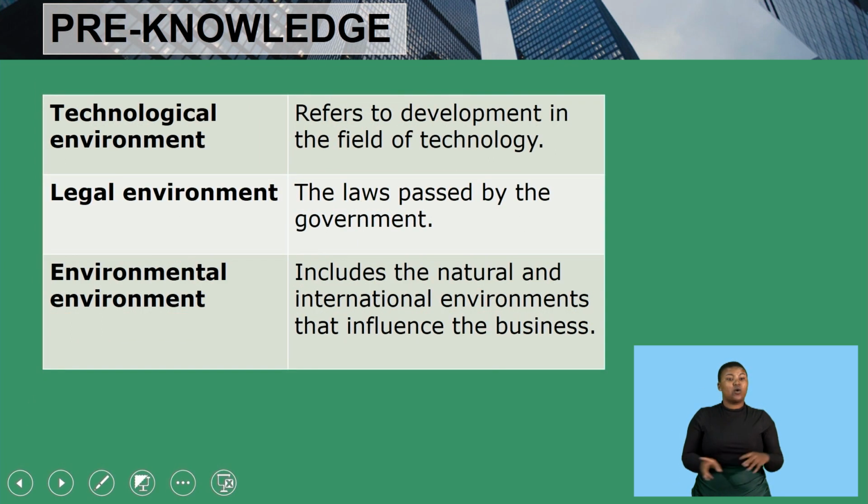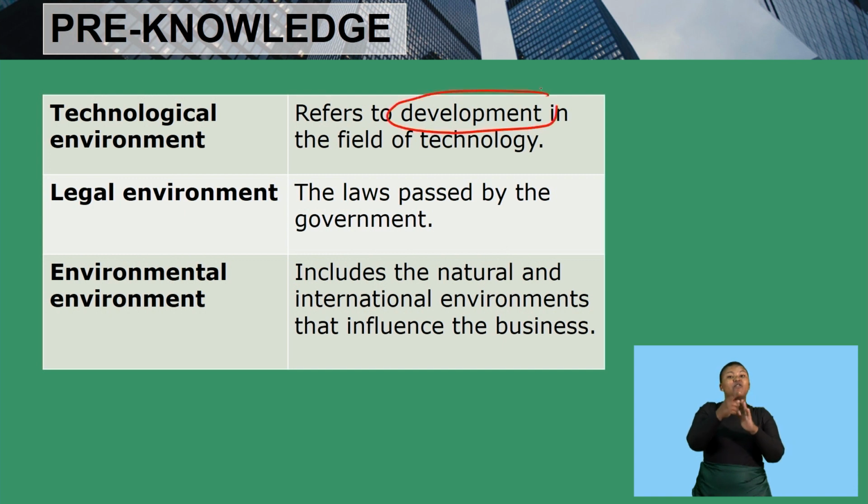Then you should also be familiar with the term technological environment, which is all developments in the field of technology. So think about software updates or upgrades, new machinery and inventions being developed and invented.